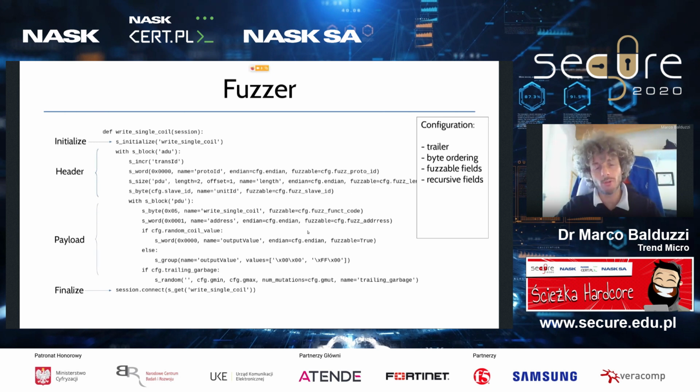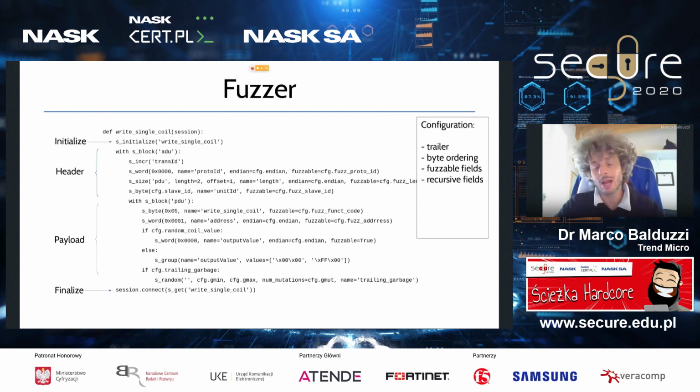But you can configure basically anything. You can specify which fields you want to fuzz, whether you want to fuzz the whole space or only part of the potential values of a field, and so on.